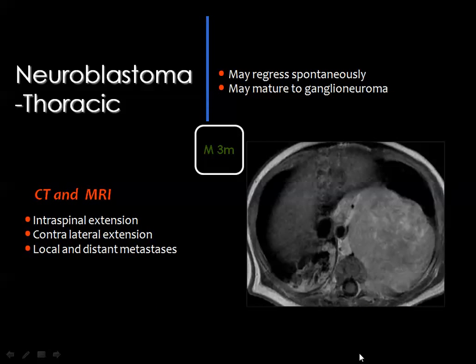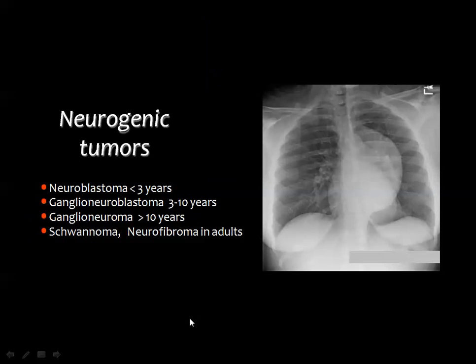MRI may be used for evaluation of thoracic neuroblastoma, and the main value of MRI is to see the intraspinal extension and compression of the cord, and this is a big mass on the left side, which is not extending inside the spinal canal. This is the cord surrounded by regular CSF.